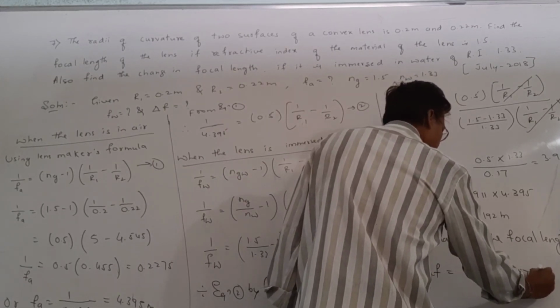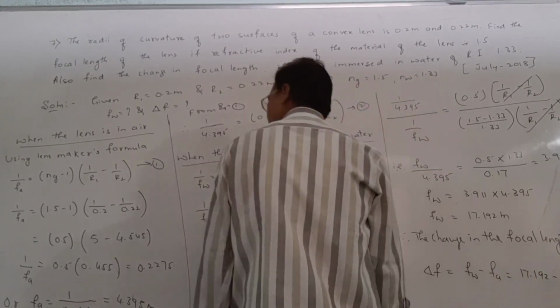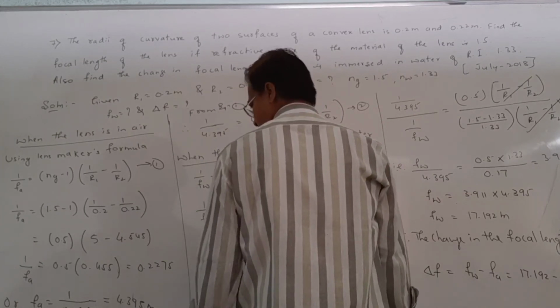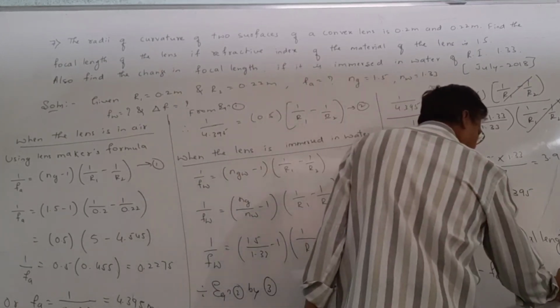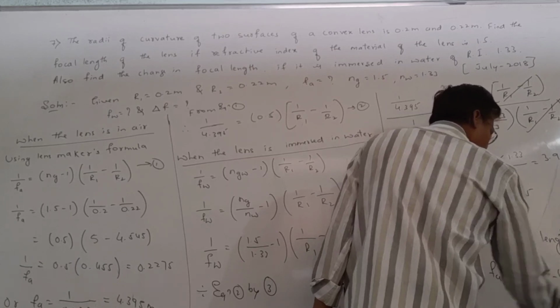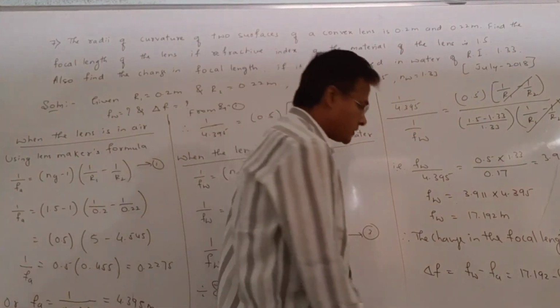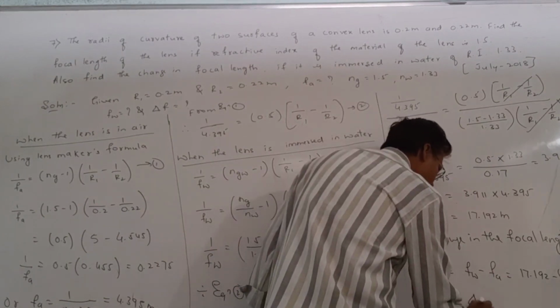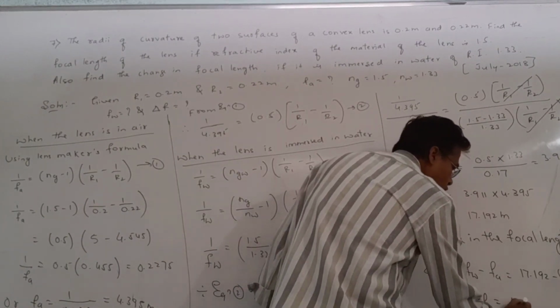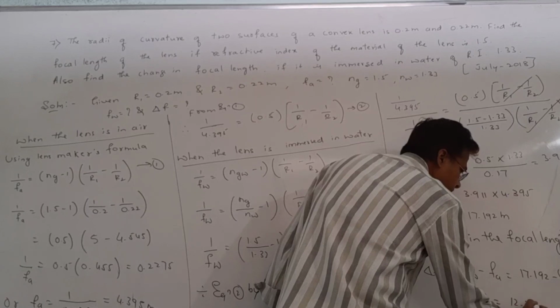FW 17.192 minus FA, FA is equal to 4.39. Let's go here again. 12.797.